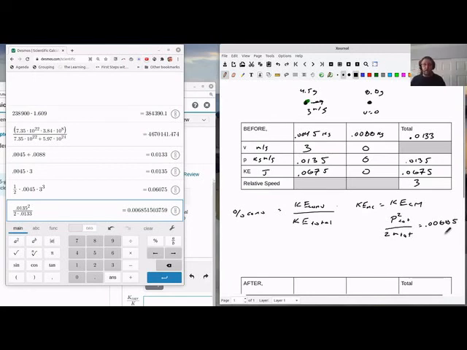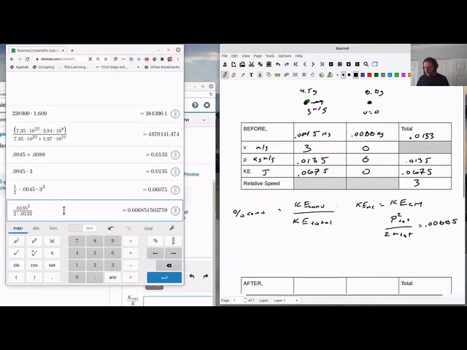I won't keep carrying more digits than that. So that's the total amount of energy that can't be converted into other forms because it's stuck as the center of mass moving. So whatever else there is must be convertible. Okay, so the total is 0.0675, and the non-convertible is 0.00685.